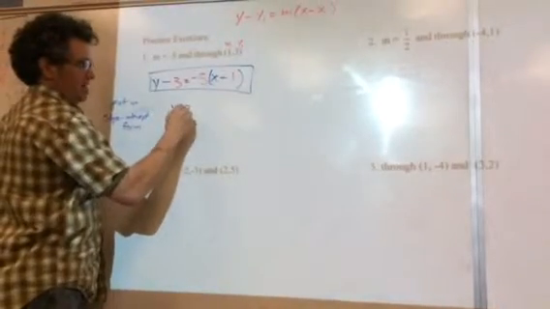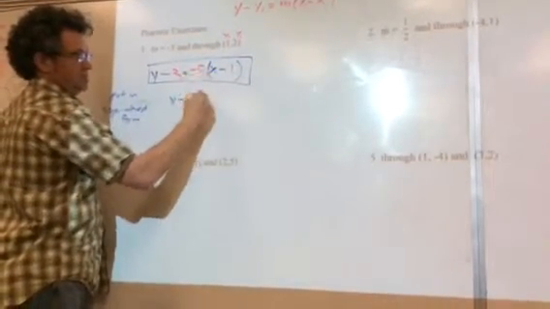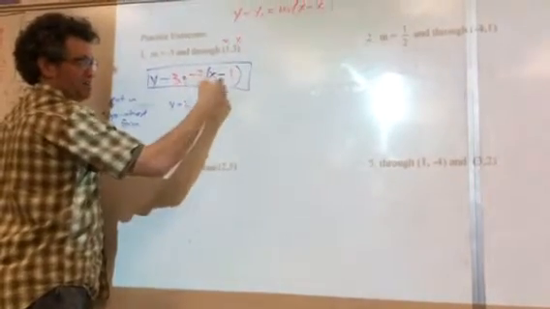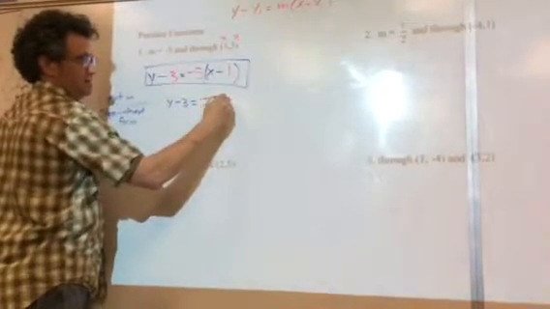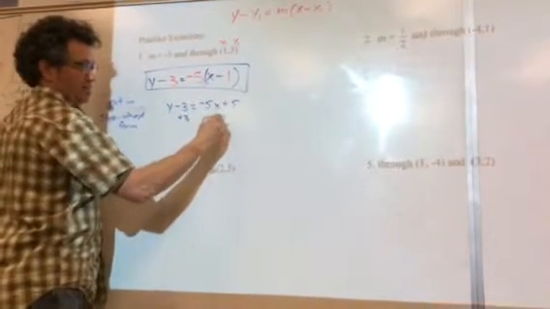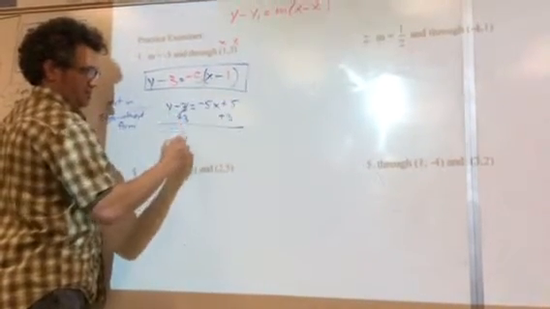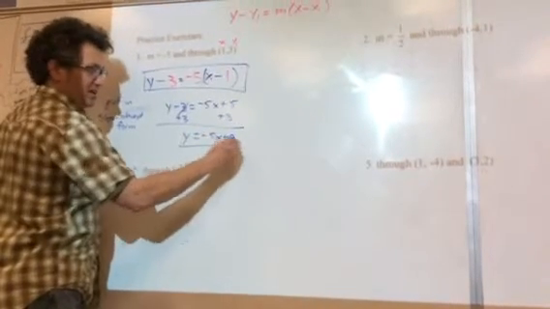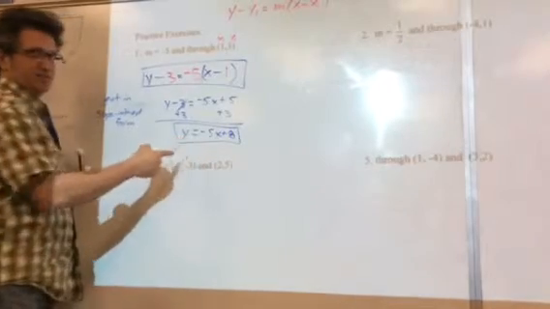Distribute, we get y minus 3 equals -5x, and -5 times -1 is +5. Then we add 3 to both sides, and we get y equals -5x plus 8. You only need to do that if you're asked to put it in slope intercept form.